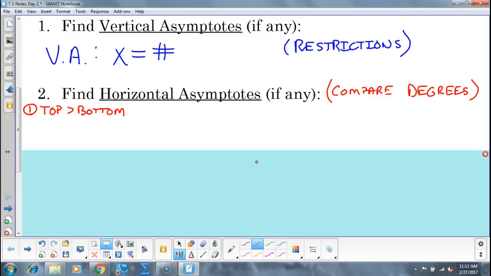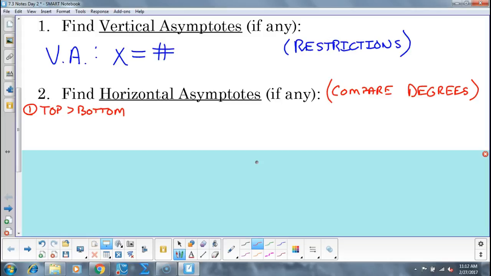Right? I could have 4x squared over 3x plus 2. Okay? The numerator has a degree of 2. The denominator has a degree of 1. So I have a top bigger than the bottom case.